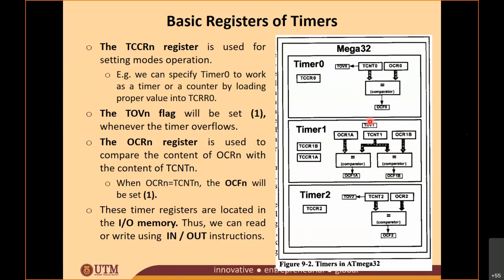If you're going to use a comparator, the CTC mode, then you need to compare with either OCR1A or OCR1B. If you compare with OCR1A, the OCF1A flag will be high whenever the TCNT value equals the OCR1A value. If you're going to use OCR1B, then whenever the TCNT equals the OCR1B value, the OCF1B will be set.